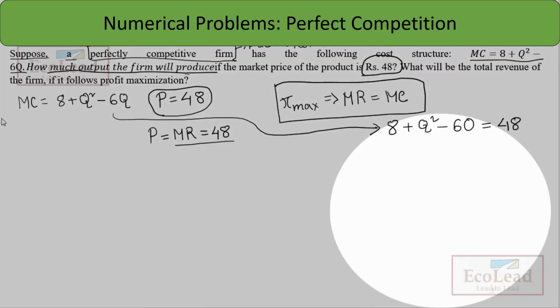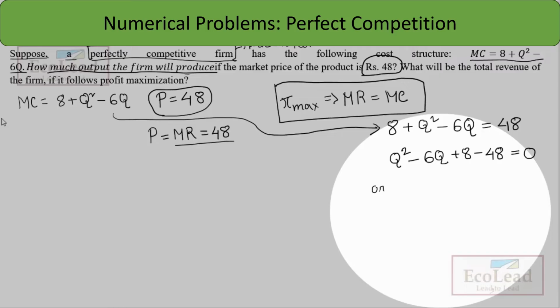Now we need to solve this equation for q. Let us put all this information on the left hand side. We can write q square minus 6q plus 8. From the right hand side, this 48 we put to the left hand side, so it will be minus 48, which will be equal to 0.